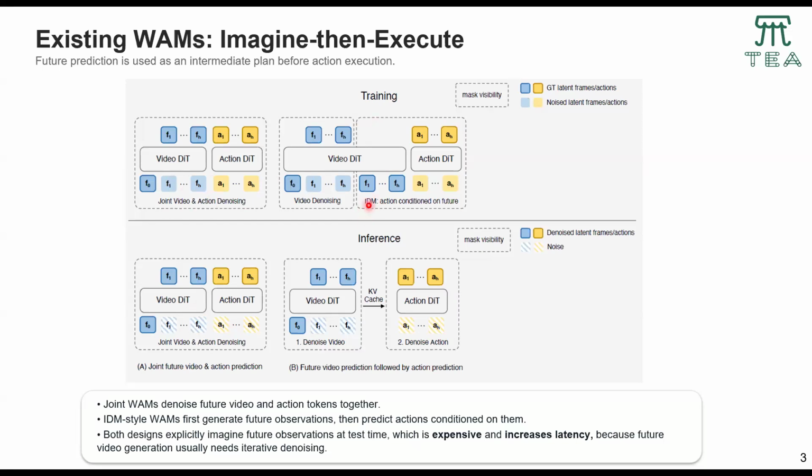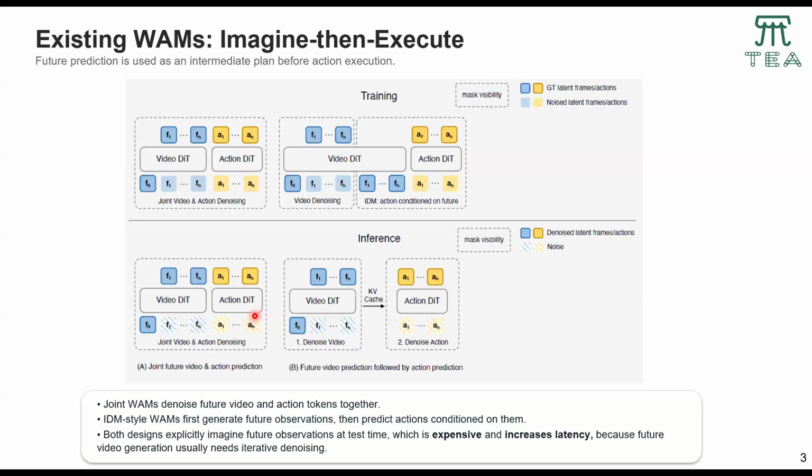Here, IDM stands for inverse dynamics modeling. This paradigm is a two-stage model. In the first stage, the model predicts the future observation first. In the second stage, the action expert generates the final actions based on this predicted future observation. So you can see both designs explicitly imagine future observation at test time.